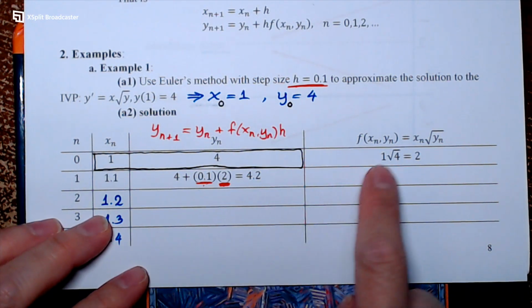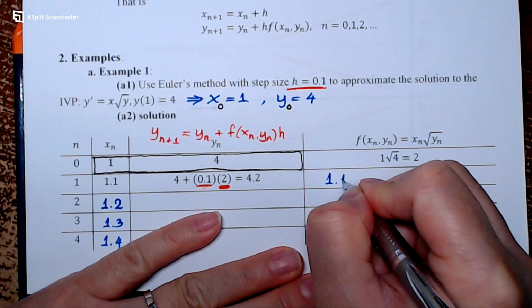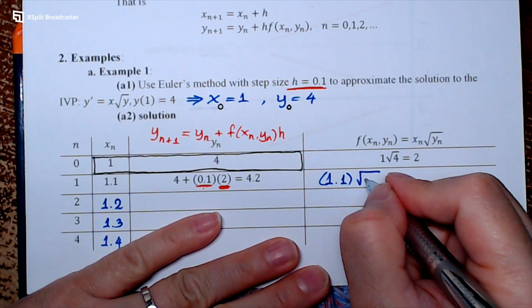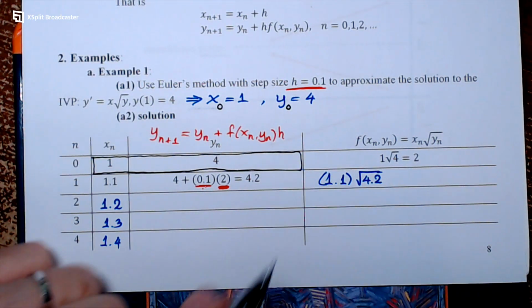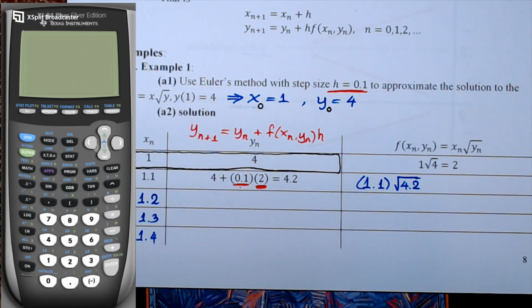The slope being x times square root of y. So in this particular case, x times square root of y. Okay, so put it in a calculator. 1.1 times square root of 4.2, and we have 2.254 something.